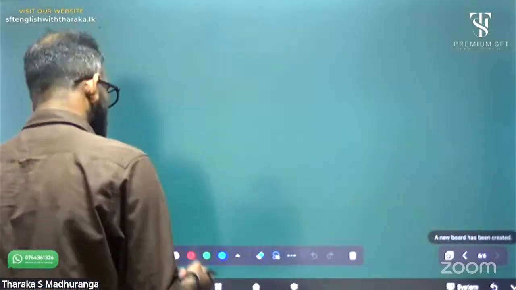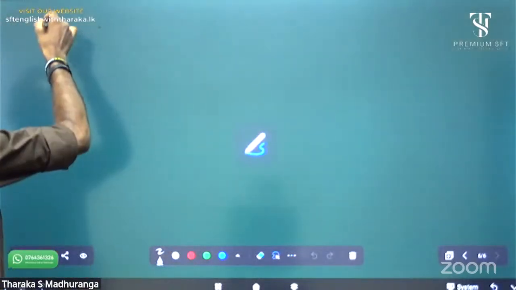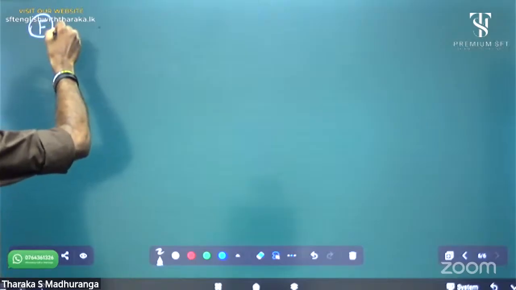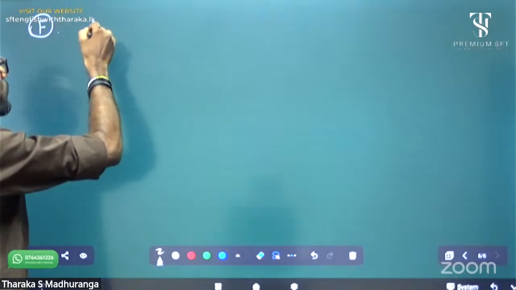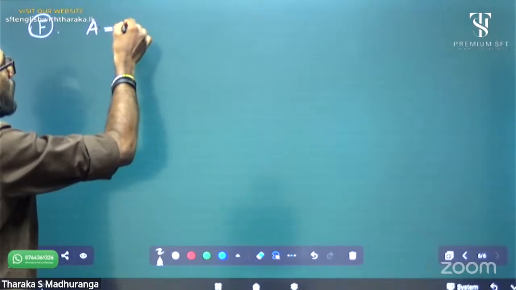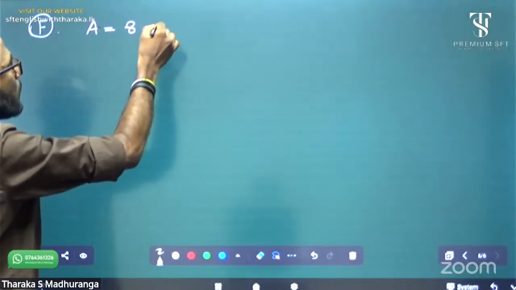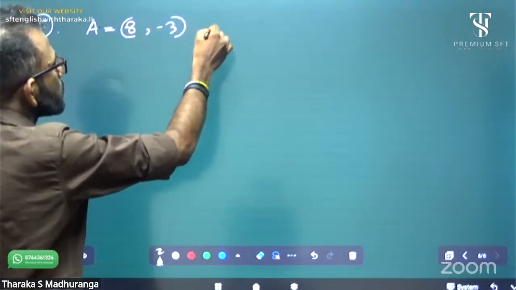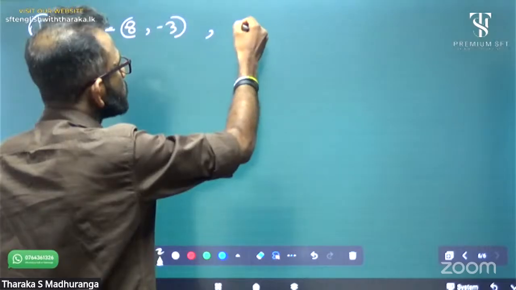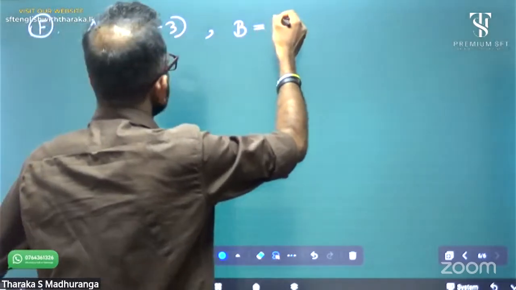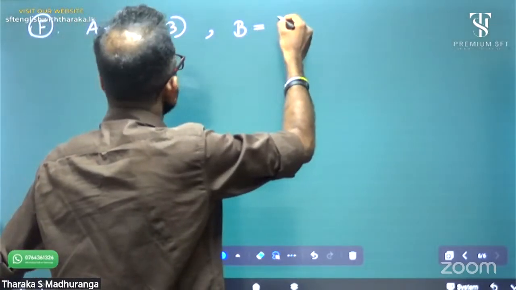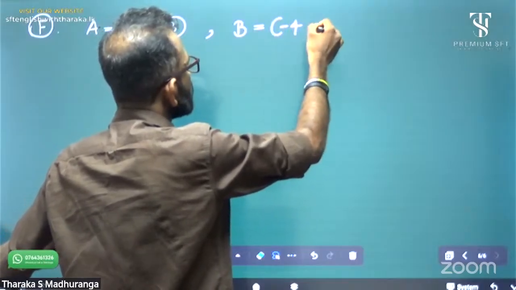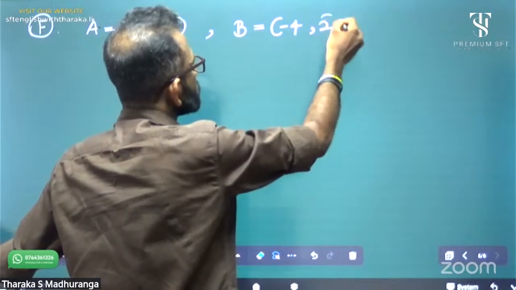That's the final target. You have a straight line AB, with A coordinate equal to 8 comma minus 3 and B coordinate equal to minus 4 comma plus 2.